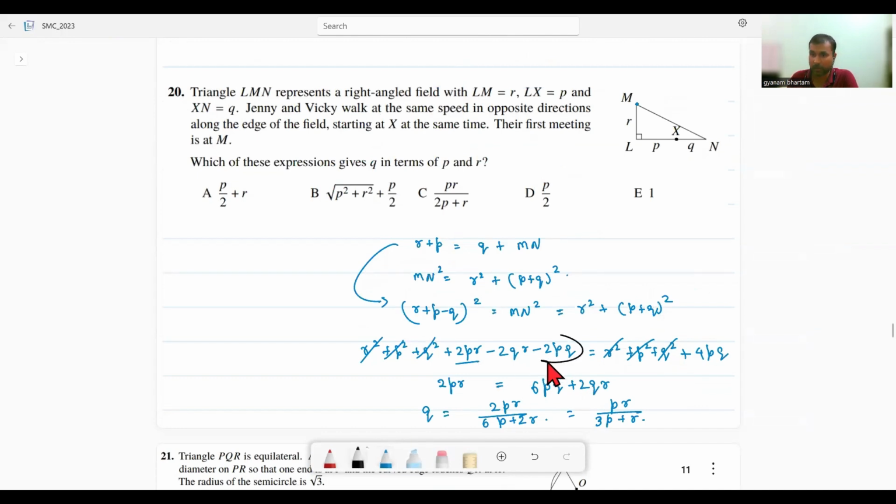I thought I already added it. So this should be 2. Yeah, so this should be 2. It becomes 4. And this should be 4 then. And so this is 2. So C is the correct answer.